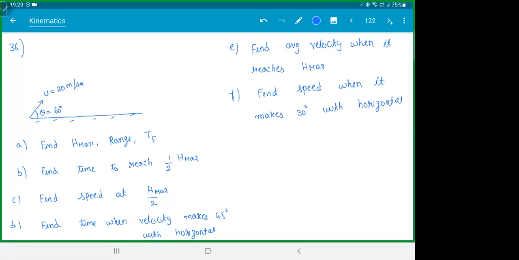Anika, your answers are confusing actually. The 2 root 2 is for the second part, yeah? First part is fine. Type the answer for the second part. First is easy. First is formula based. Type the answer for the second part. First is nothing, no. In the first you just have to substitute the formula. Find the time to reach half of h max. Get that one.